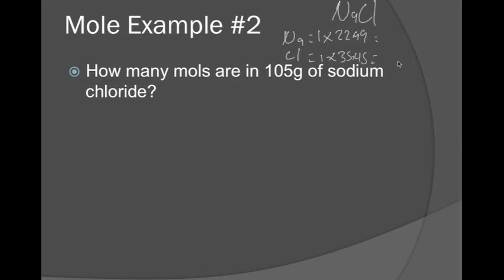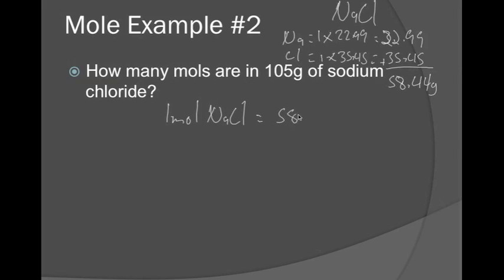We multiply those out and add them up, and we'll have 58.44. Remember, that's grams in 1 mole. So I know that 1 mole of NaCl, sodium chloride, equals 58.44 grams of NaCl. So now that I have my conversion factor, I can set it up.